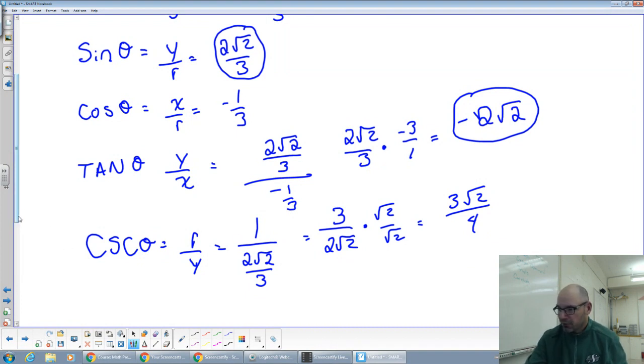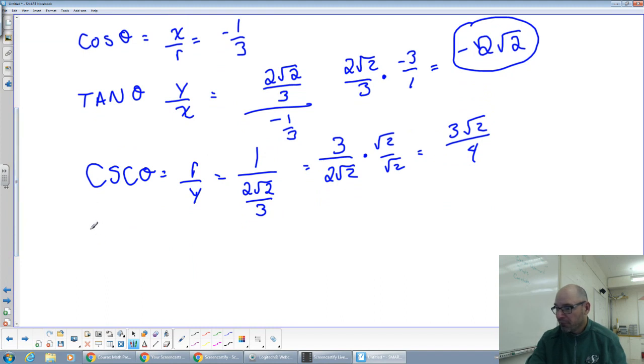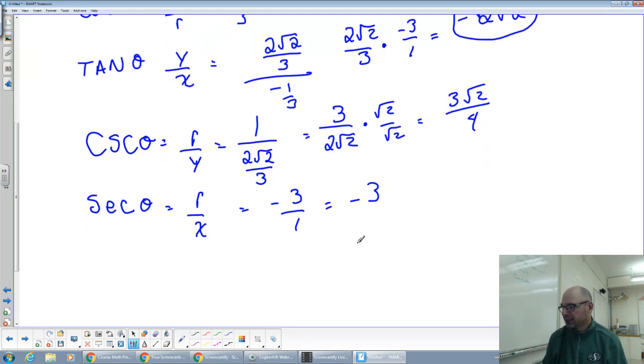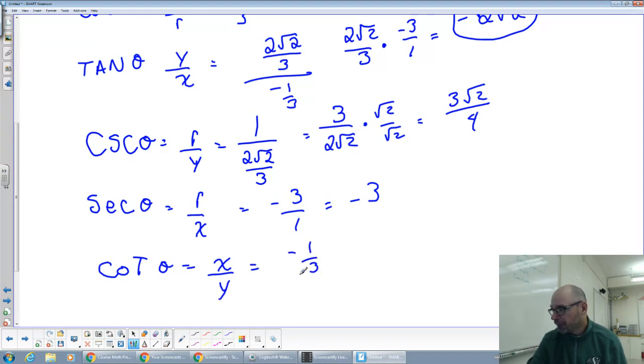Okay, now we go into secant, which goes with cosine, and that's equal to r over x. So in our case, that's just going to be negative 3 over 1, which equals negative 3. And our last one, cotangent, pardon me, that's equal to x over y, which in our case is negative 1/3 over 2 root 2 over 3.